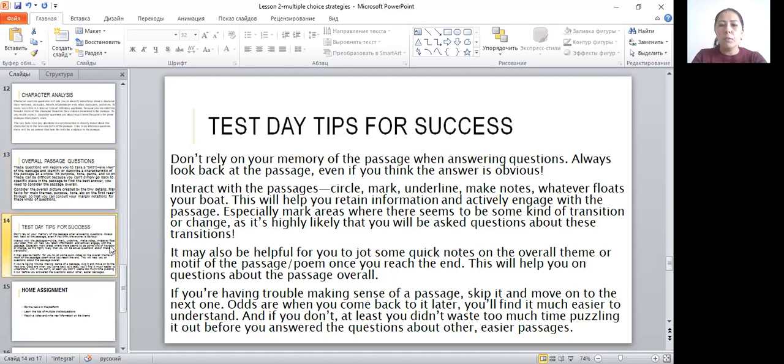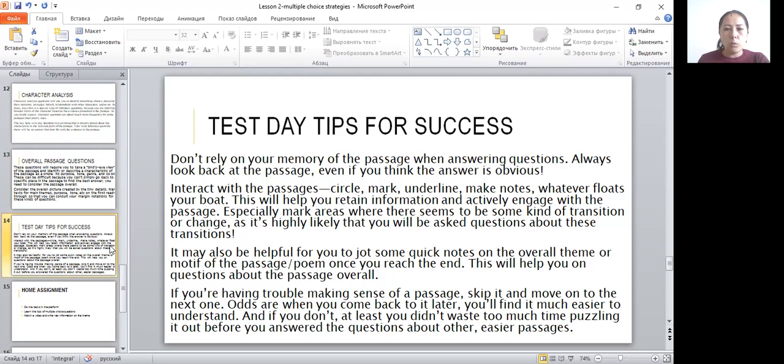And next, these are some tips for success. Never just believe that you can remember the whole passage very well. For finding the appropriate answer, always try to use a reread strategy. I mean try to read once more, before or after, and try to retain information and actively engage with the passage.